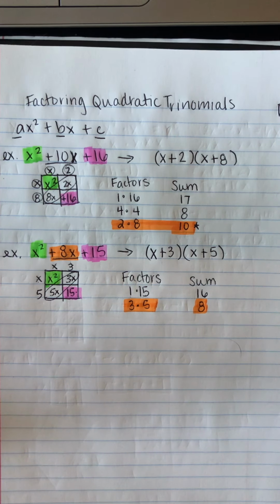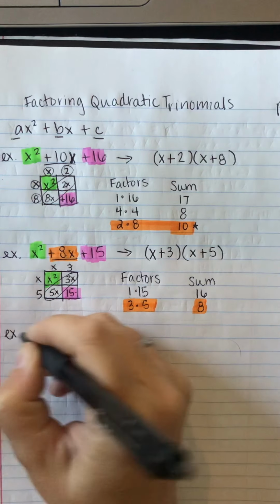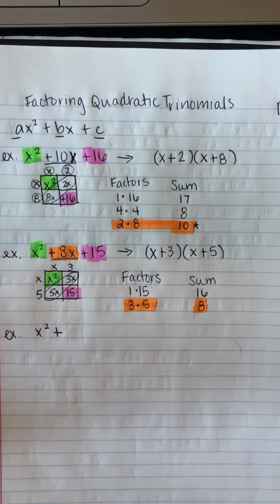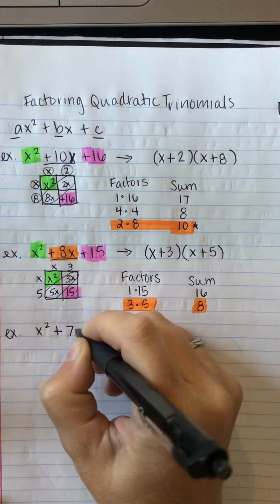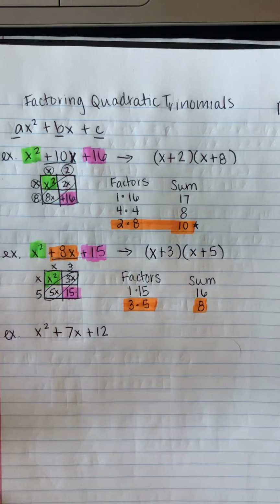All right, so we're going to have x squared plus 7x plus 12.